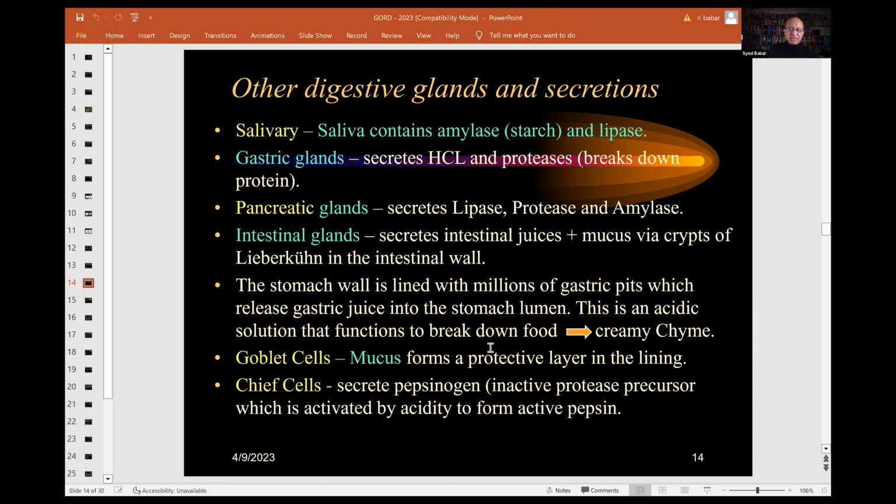And so the overall action of the acidity, lipase saponification, and protein breakdown will be that the food, which has already been pulped down due to the tri-layered muscles in various ways, now becomes a chyme, which is creamy.